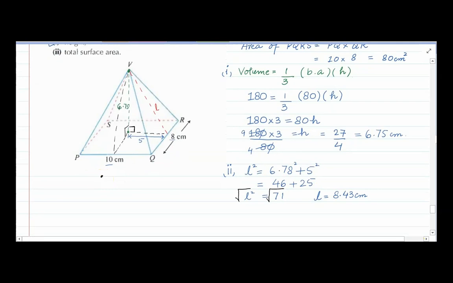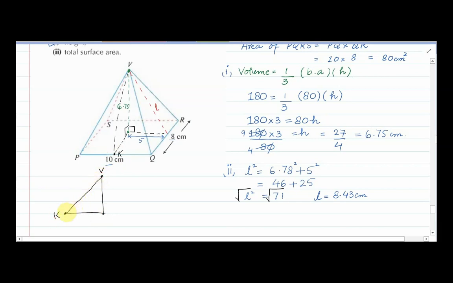If I draw it separately, the triangle looks like this: the top point is V, and exactly below the point V we have the center of the pyramid, and this point here, let's suppose I say this point is K. So we have a point K here, right?